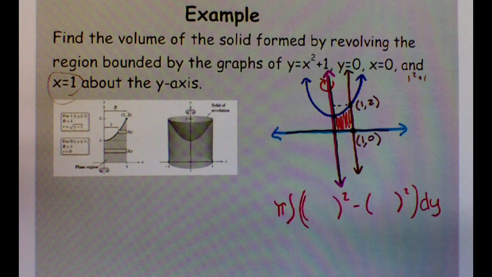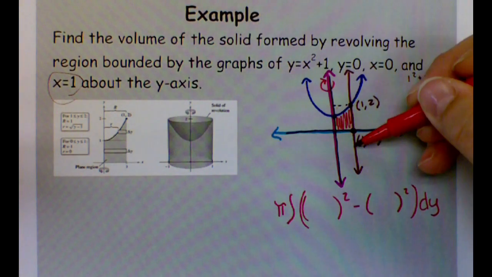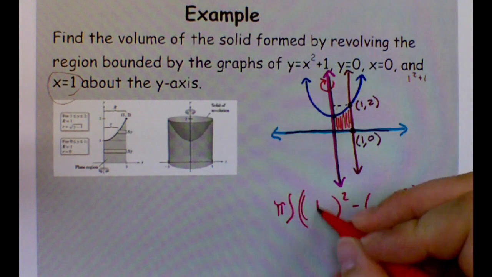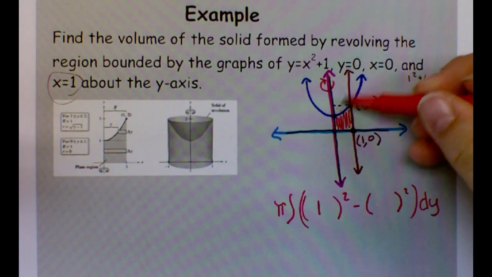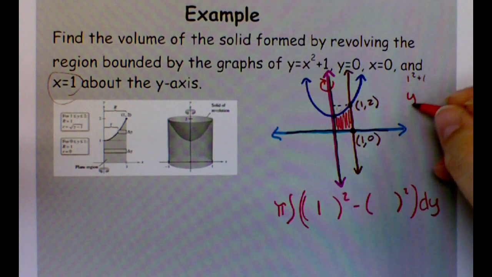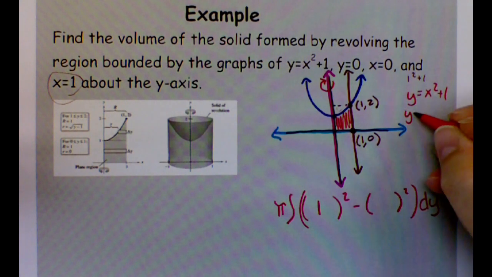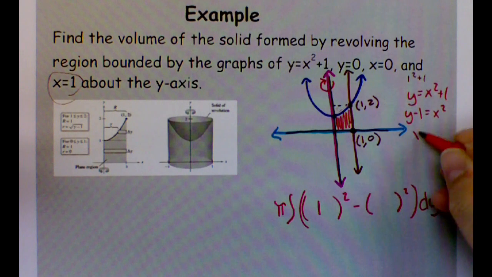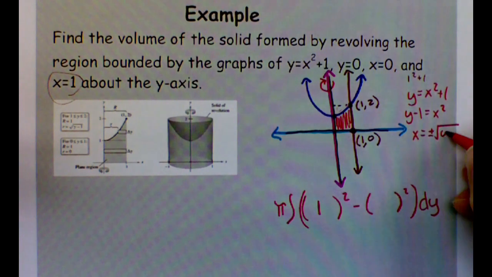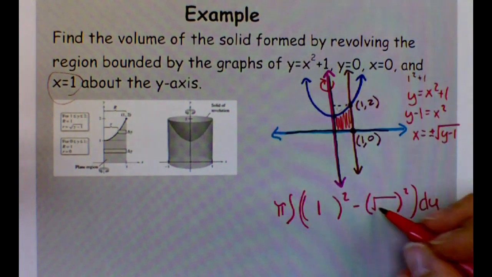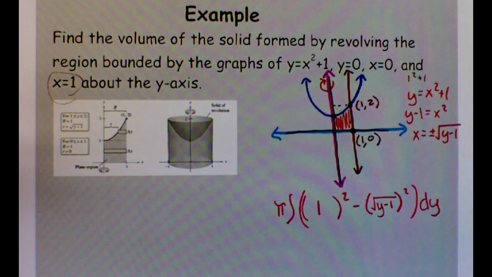You may think about this problem, okay, well, in terms of y, this is a radius of 1 for the whole thing. And in terms of y equals x squared plus 1, when we solve that for x, we get x equals plus or minus square root of y minus 1. So you may be thinking, okay, well, it's just the positive part, so square root of y minus 1.